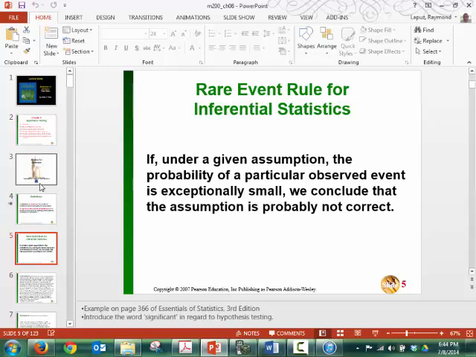So it's finally here where we get to talk about the rare event rule and hopefully in a meaningful way. It's talking about the probability being so small that we can probably assume that there's something else going on aside from basic probability that's happening.